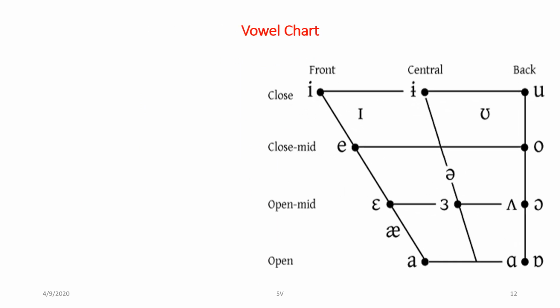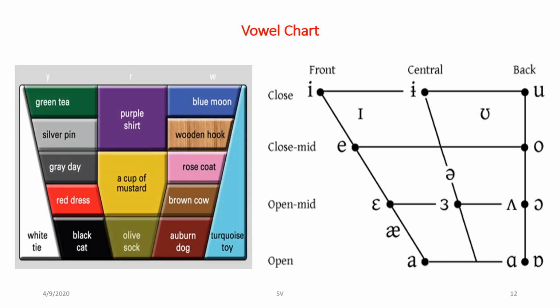On this slide, we have the vowel chart. The chart on the right side describes the tongue position which produces the vowel sound. The chart on the left side is given to realize the tongue position when we articulate the words on the chart.